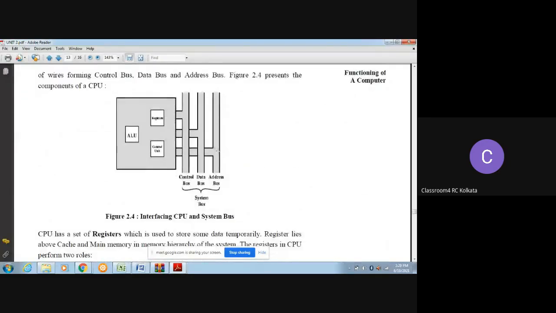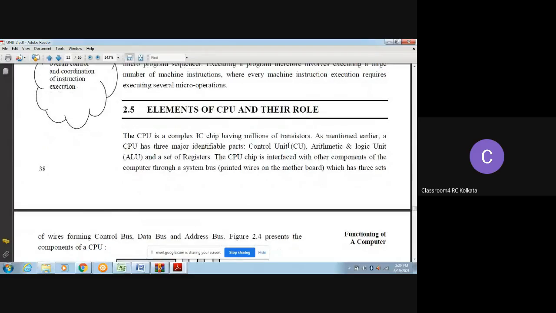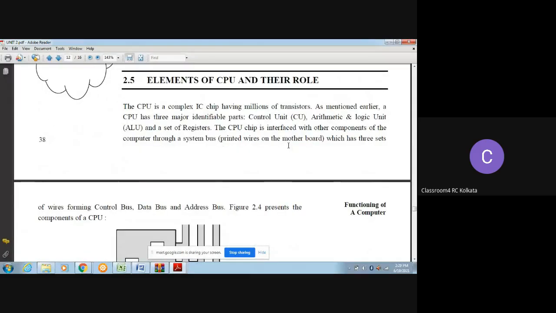Now, we come to the CPU, that is the elements of the CPU and control. What are the elements of the CPU? The CPU, that is the central processing unit, basically consists of so many registers. There is an arithmetic logic unit, there is a control unit. So these are the basic parts of the CPU.